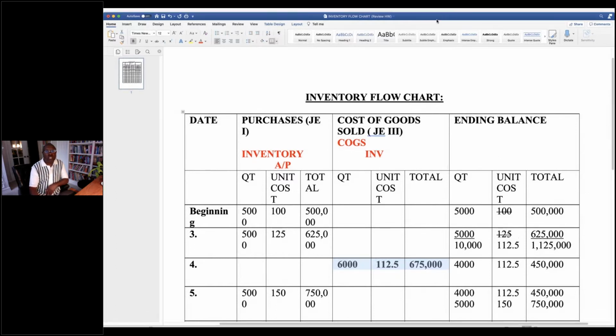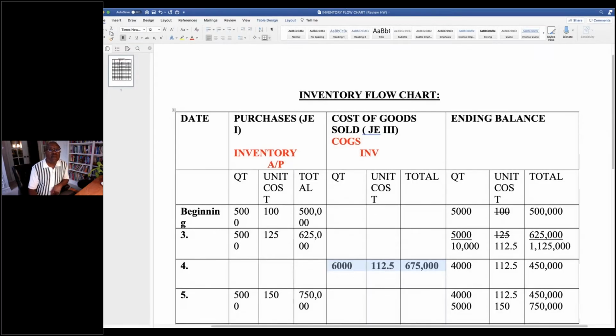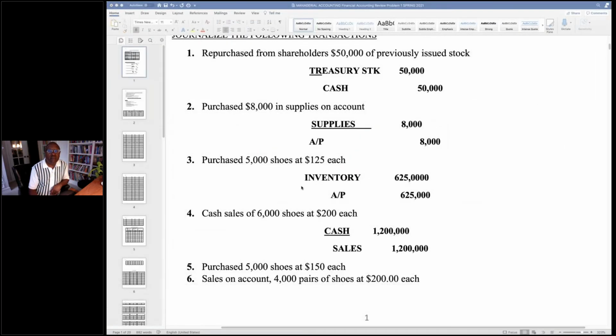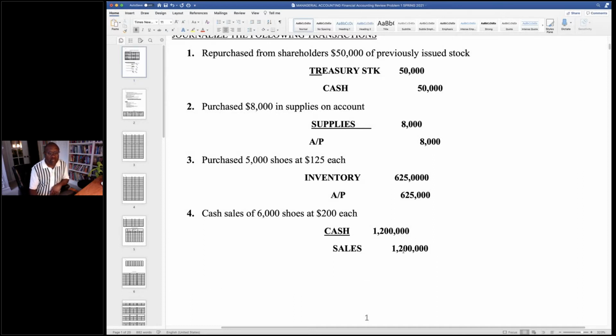So let's see if we can get back to where we were. Whenever we have a sale, it's always two journal entries we're making. The first journal entry records the sale.